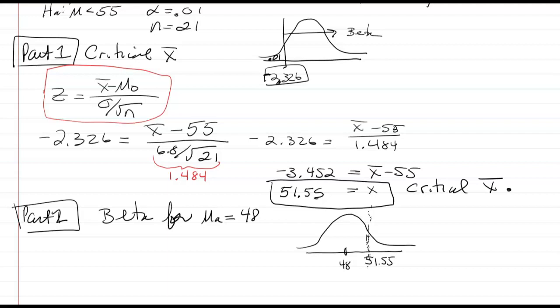Well, the first thing I need to do is standardize. So that means the 48, of course, goes to 0. And we need to get a standardized value of this mean of 51.5 if the true mean is 48. So we need a z-score.